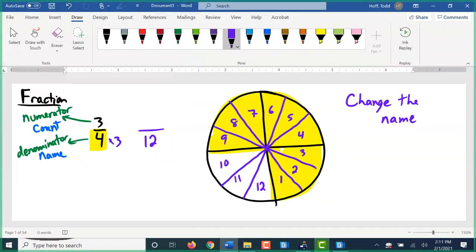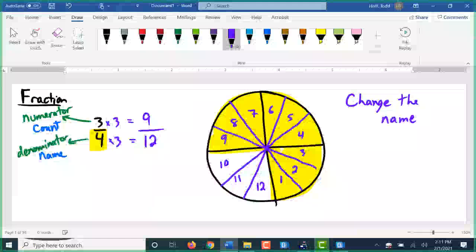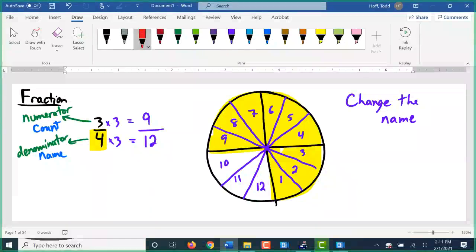How many pieces do we actually have? 9. Again, that makes sense. We had 3 before. We cut each of them into 3 equal pieces. Now we have 9. Well, do we have any more or less pizza than we did before? No. 9/12 is exactly the same as 3/4. They're exactly the same amount.